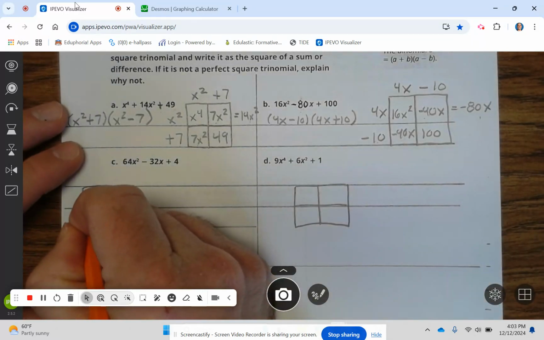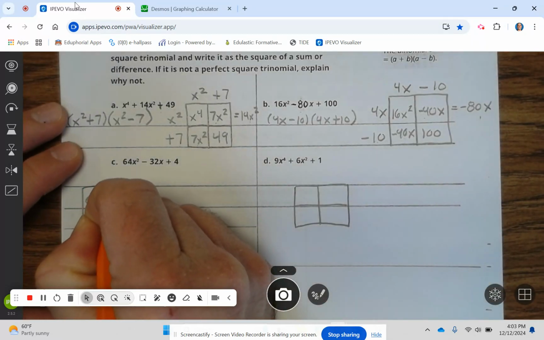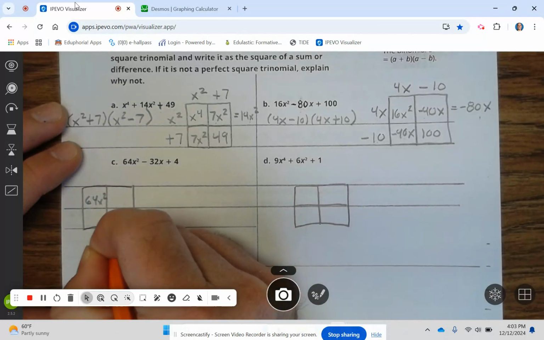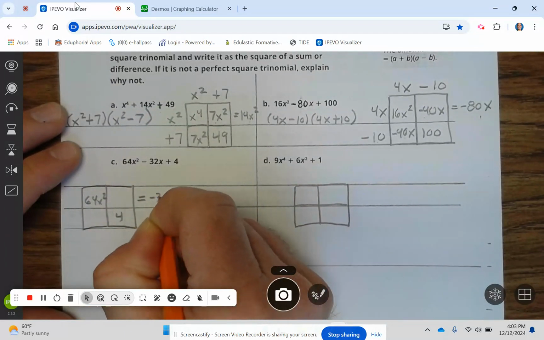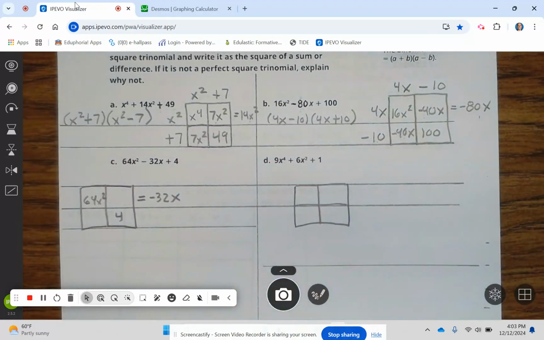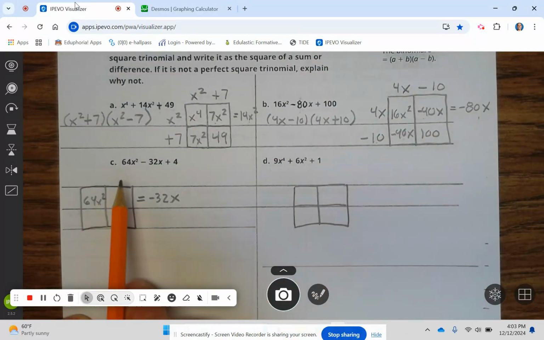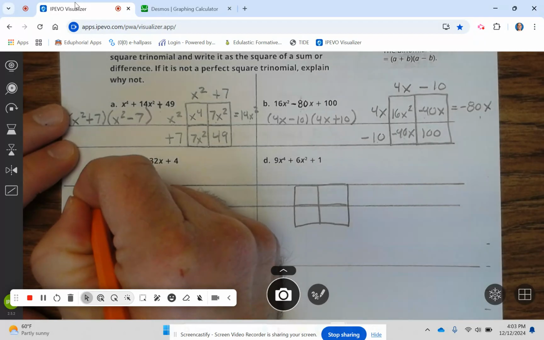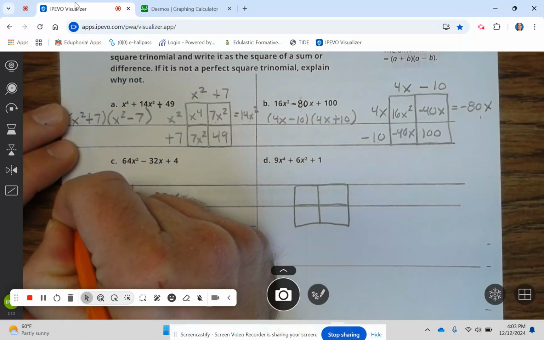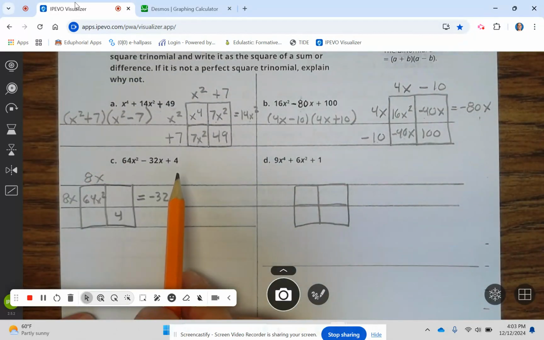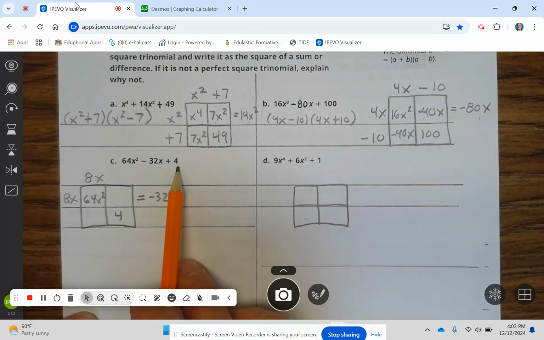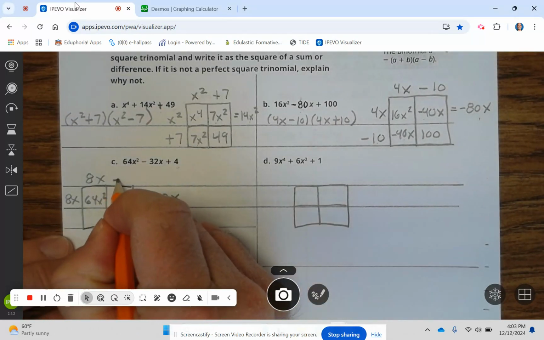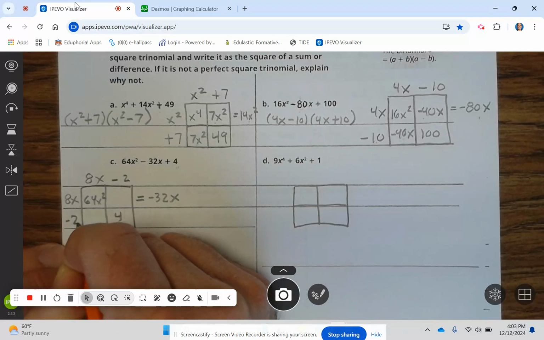So first term, last term, and these need to combine to be negative 32x. Okay? Well, to get 64x squared, we know we can use 8x and 8x. And we need to figure out what numbers give you a positive 4. The only number that really works is negative 2 and negative 2.